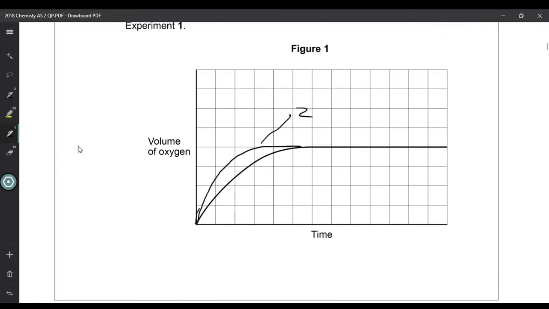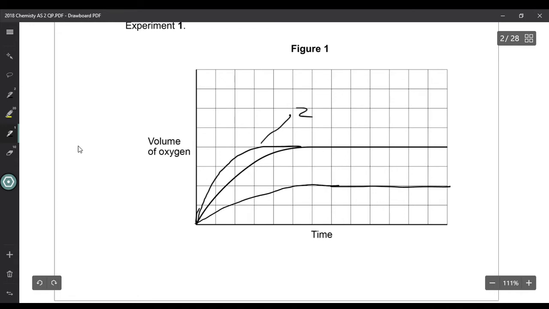So rather than 4 squares, we're going to end up settling out over here somewhere, but it's going to get there slower too, so the graph is going to be less steep and then level out at 2 of these squares rather than 4, because we've got half the amount of peroxide available to us. So again, we'll label that number 3.